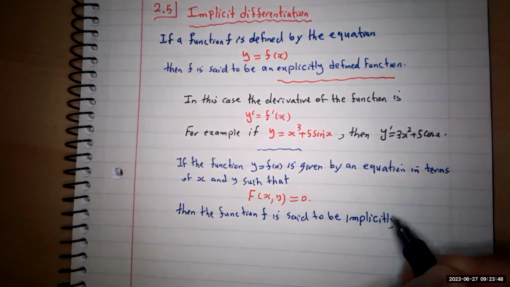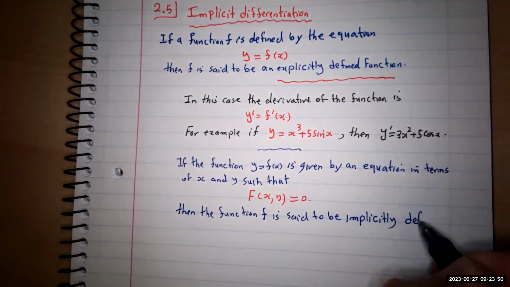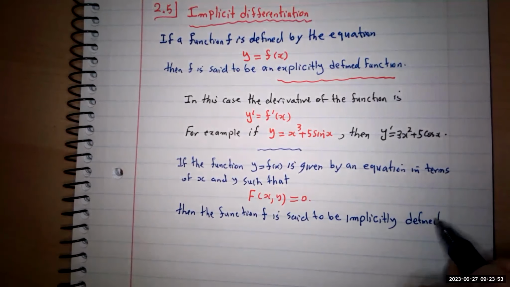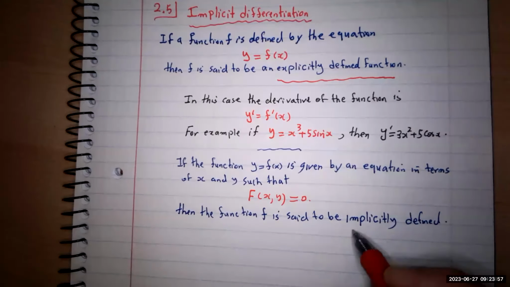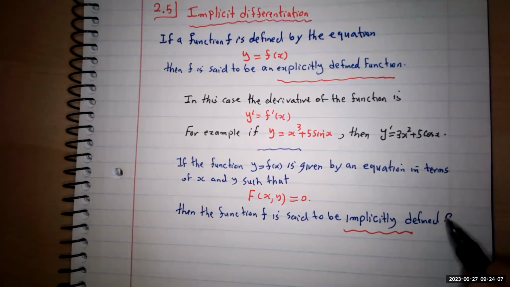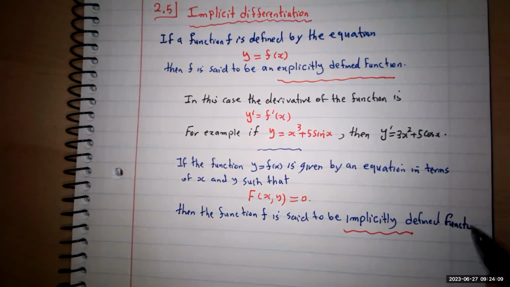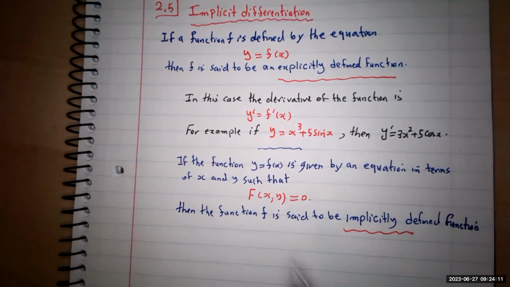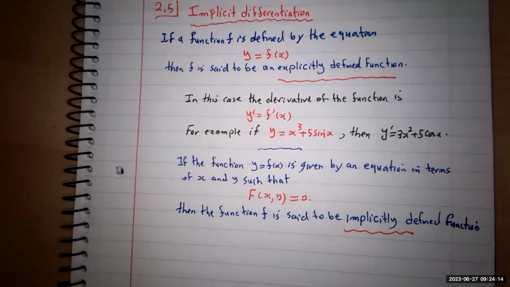Okay, an implicitly defined function. So explicit is when y is given to you directly, but implicit is when it's not given as an equation in terms of x, but is mixed together.